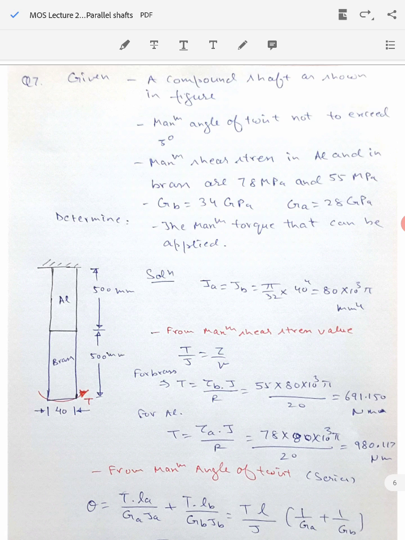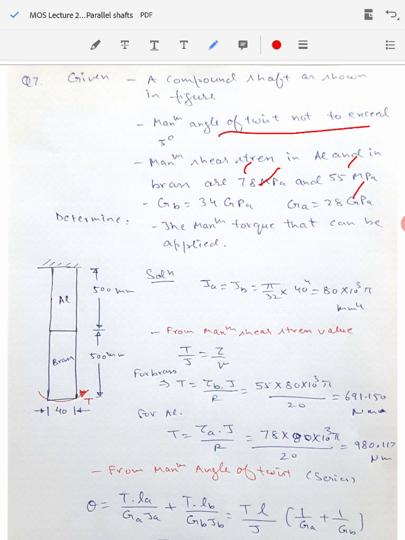You are given the modulus of rigidity for brass and aluminum as 34 and 28 gigapascal, and the maximum permissible shear stresses are 78 megapascal for the aluminum and 55 megapascal for the brass. Besides this, you are given that the maximum angle of twist of the total shaft should not exceed 3 degree.